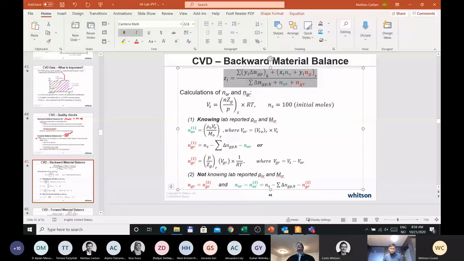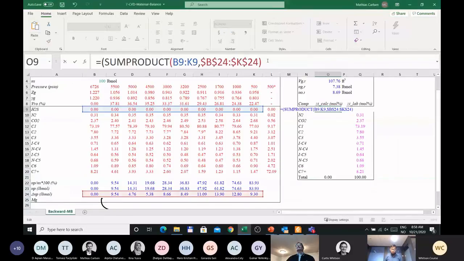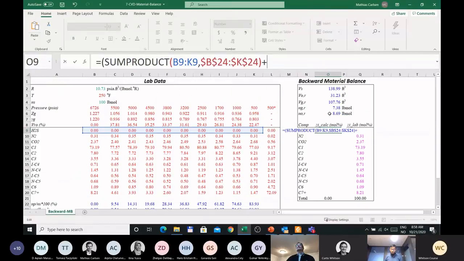And then we have plus the moles of the residual oil times the composition of the residual oil, plus this needs to be fixed.